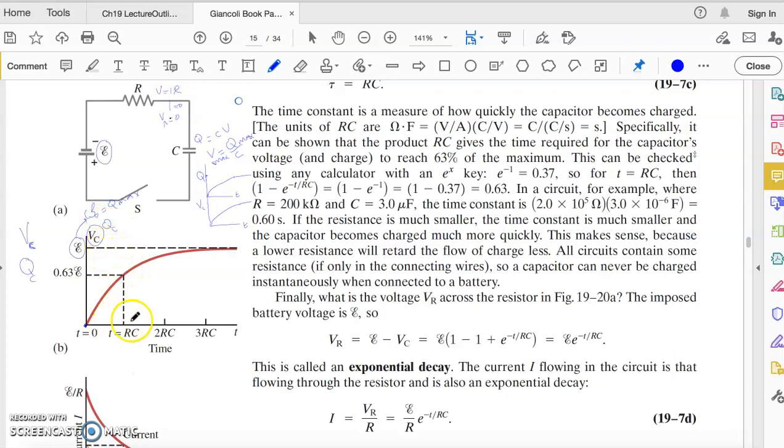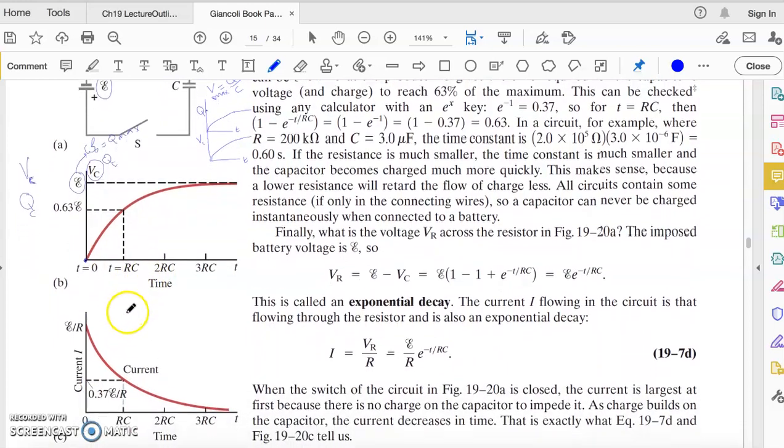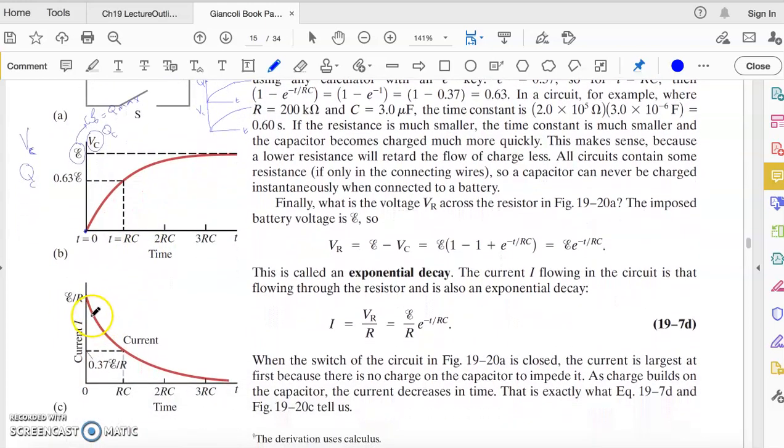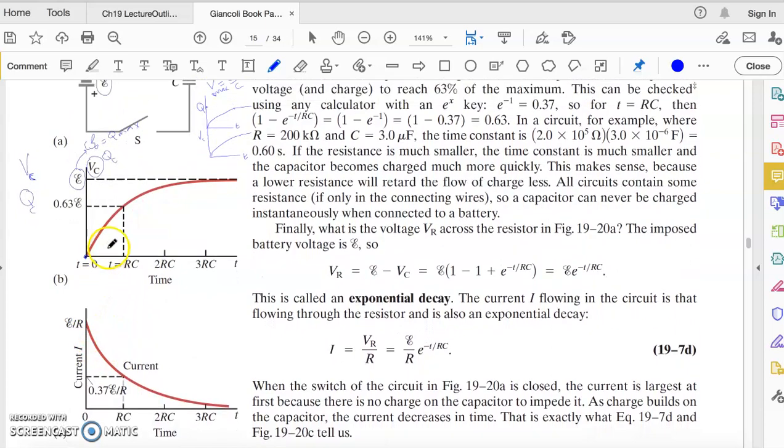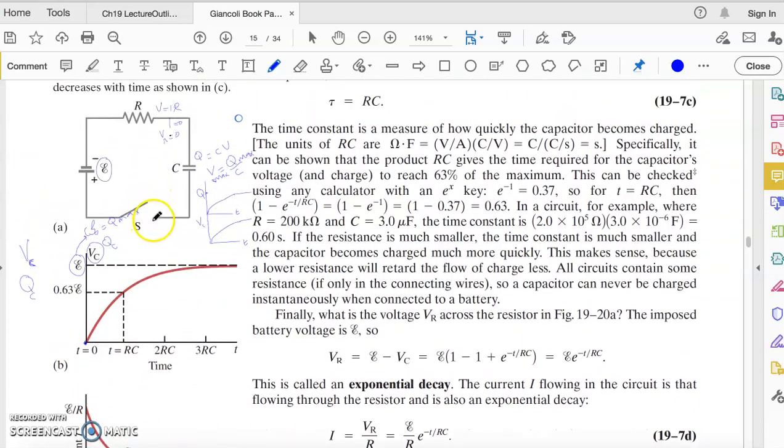Before I go into the time constant and these things, I will go through the current across the circuit. When we close the switch, the electromotive force will push the charges to move, so maximum current will be produced in the circuit.